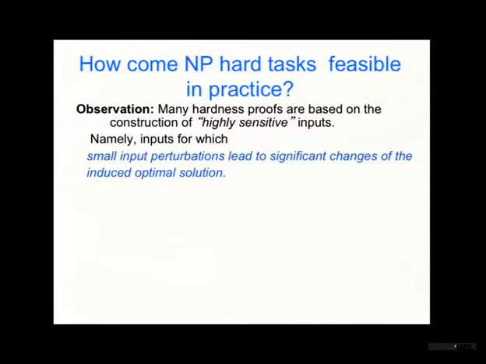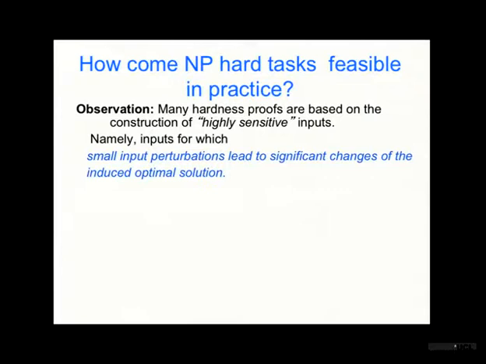Okay, so if we look at hardness proofs, I don't know how much you remember hardness proofs from your computational complexity courses. Usually what people do is they devise what we call gadgets. You construct a gadget, which is some kind of an input that is very difficult for your algorithm to distinguish whether the answer is yes or no, and those gadgets are the evidence for the NP hardness.